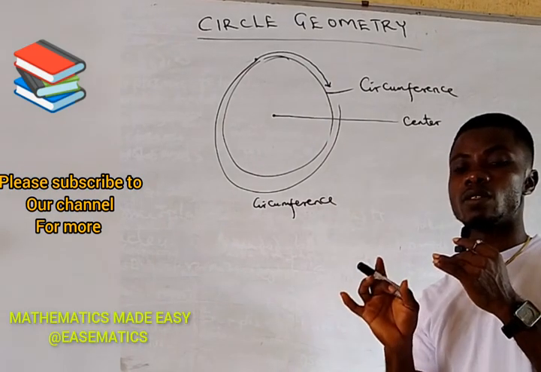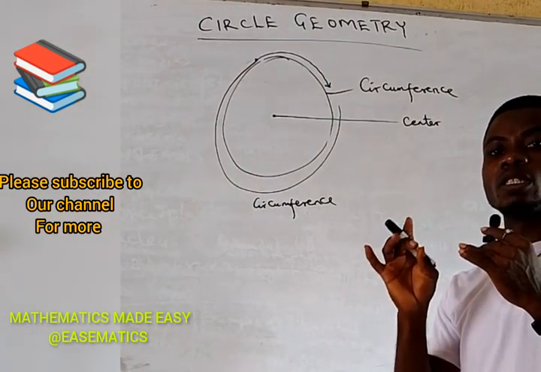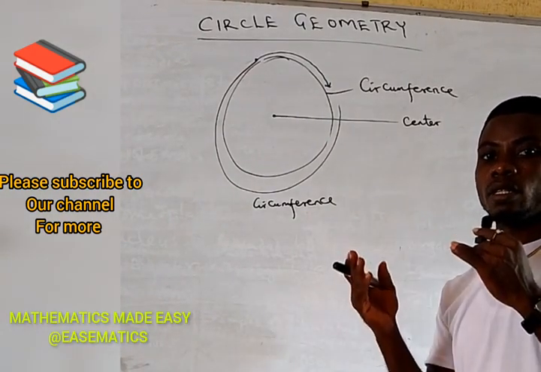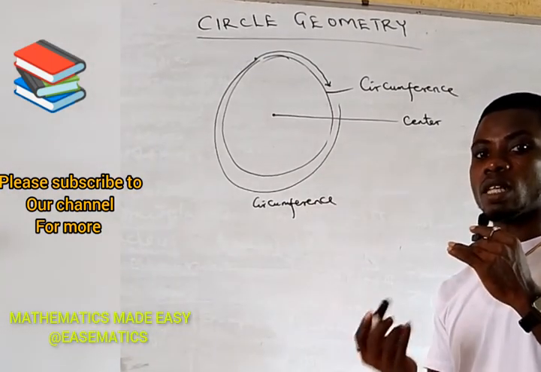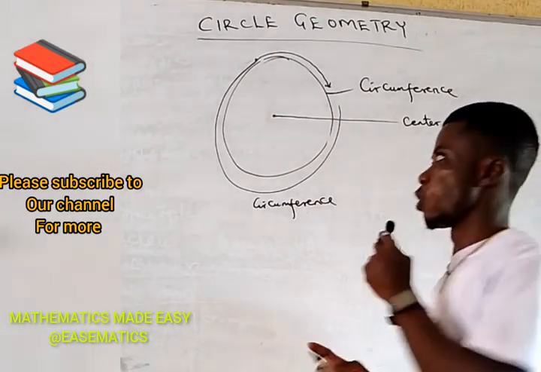So the center of the circle is the center point where any distance taken to any part of the circumference is equal.